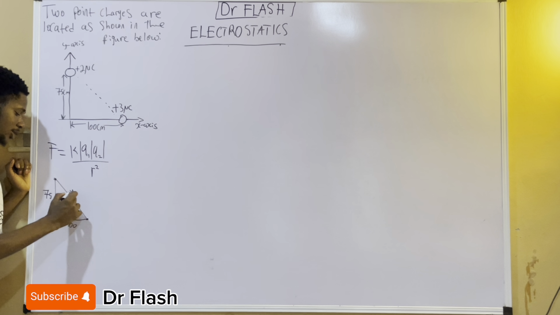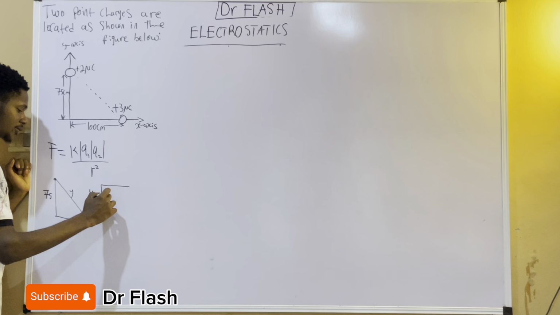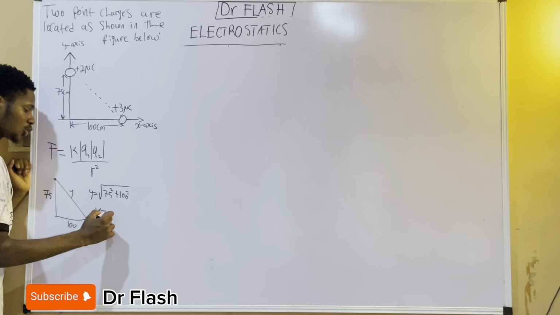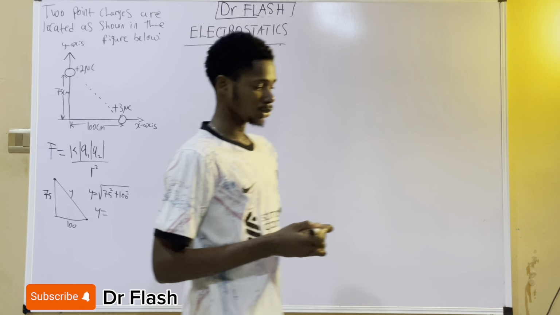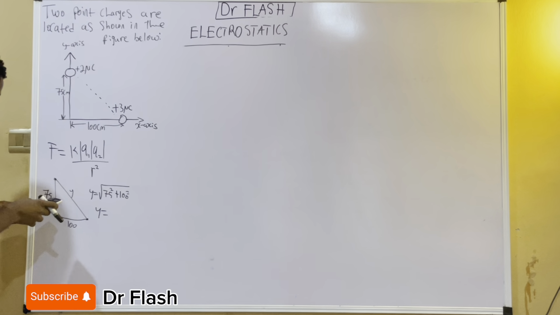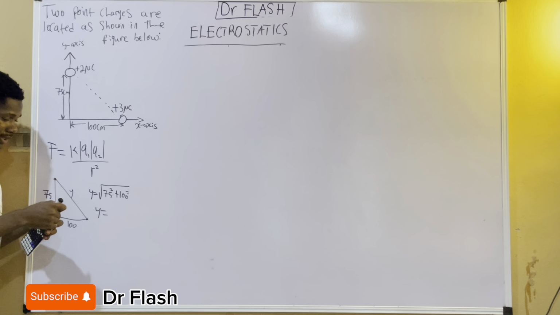If this side is y, then y equals the square root of 75 squared plus 100 squared. Let's work that out. What are we going to get? We're going to get a value of 125 centimeters.